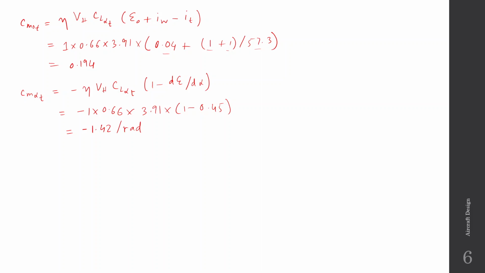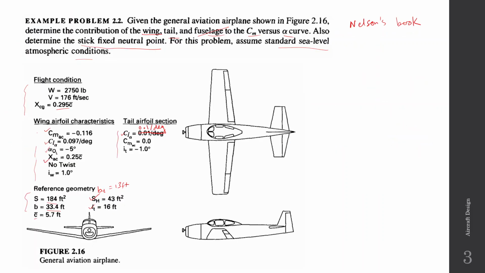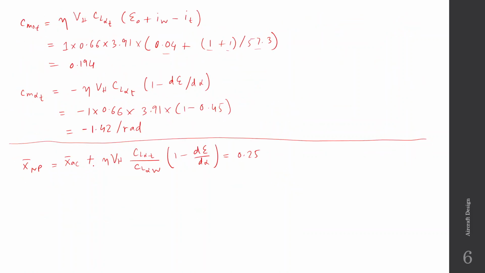Now we'll calculate the neutral point, x bar np. x bar AC was given, this was given as 0.25 C bar. Then eta we are assuming as 1.